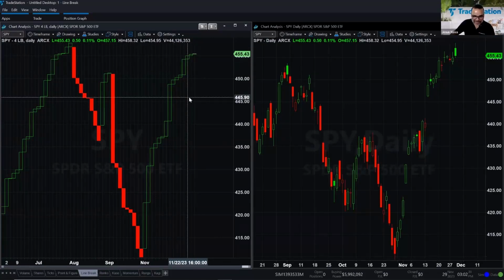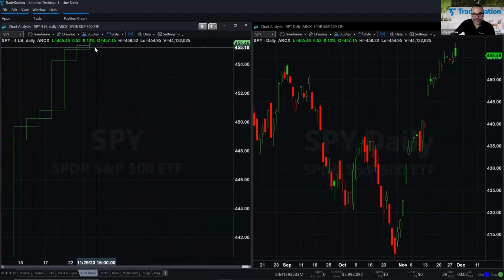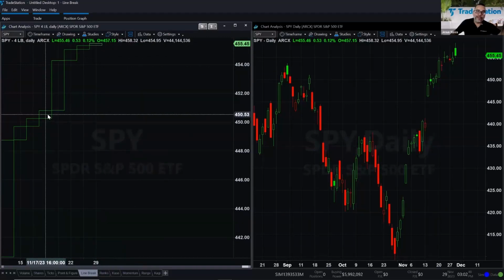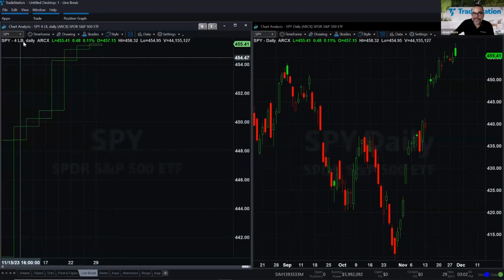So let me explain what that means. On the current bar, it's monitoring 1, 2, 3, and 4 bars previously. So the price has to go below this low in order for it to switch to a red box. That's what the line break means.